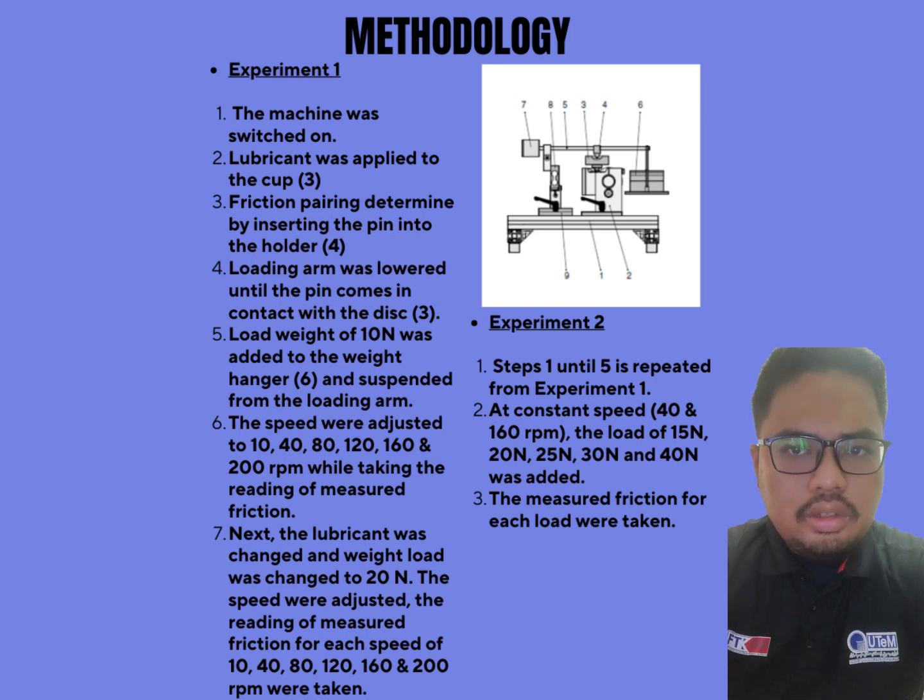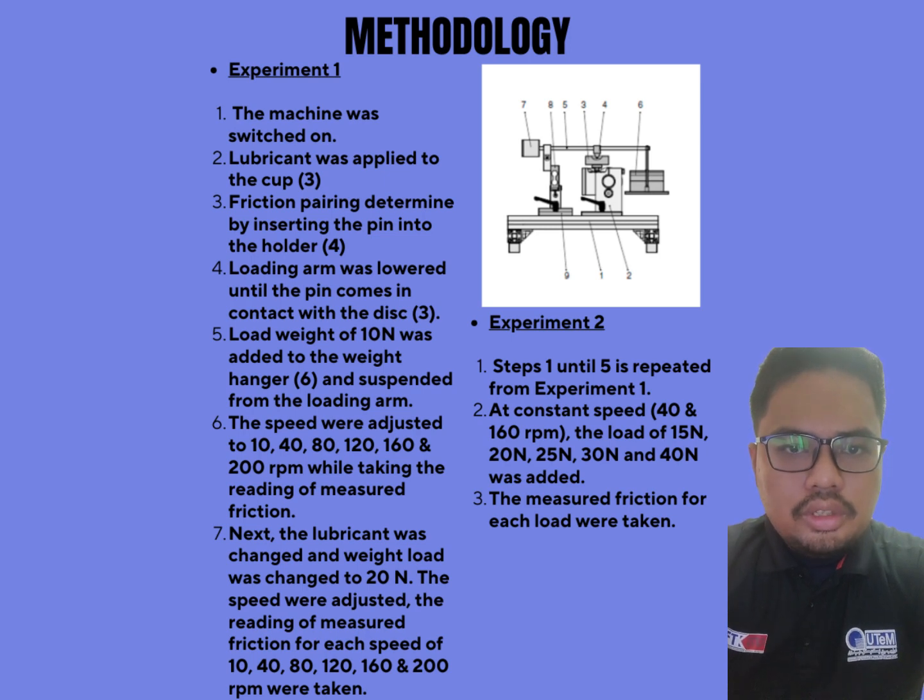Next, the lubricant was changed and the weight load was changed to 20 Newton and remains constant, and the speed is adjusted from 10 rpm to 200 rpm while the friction measurement is taken.